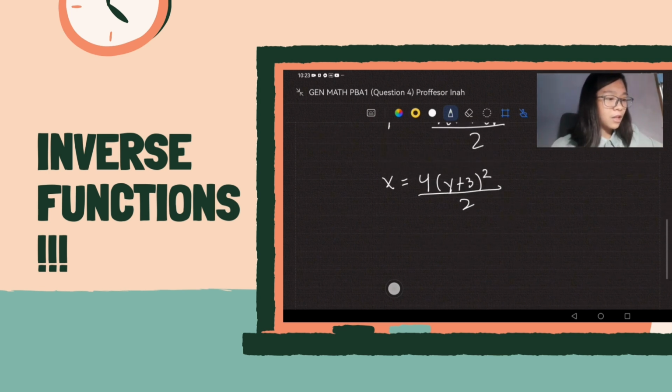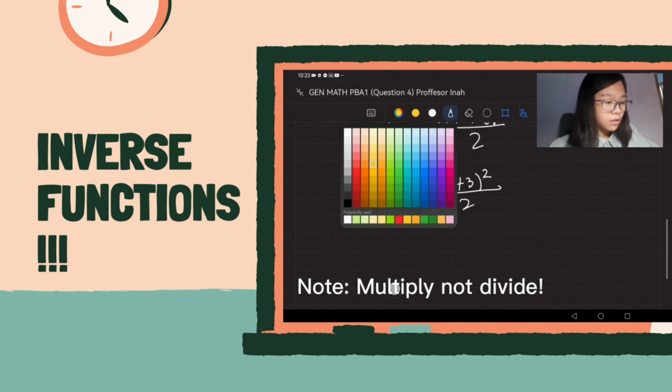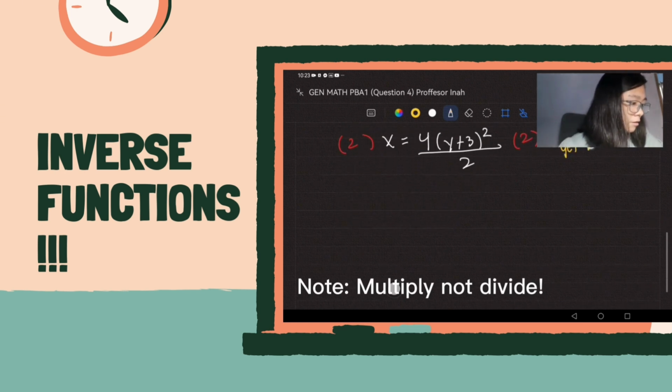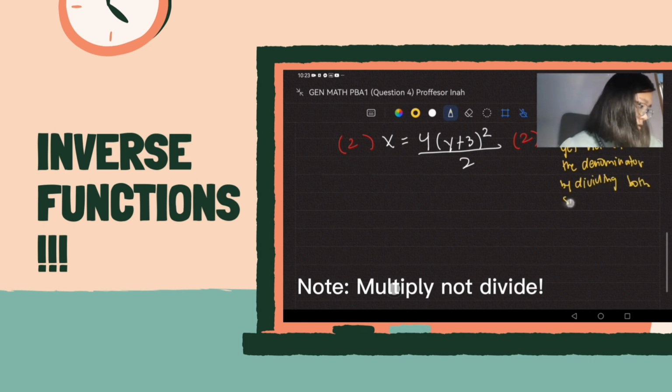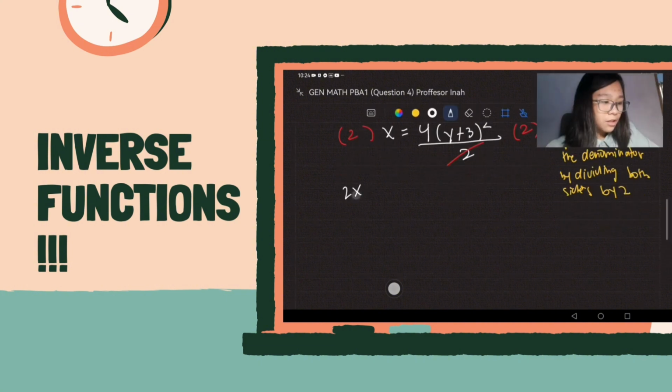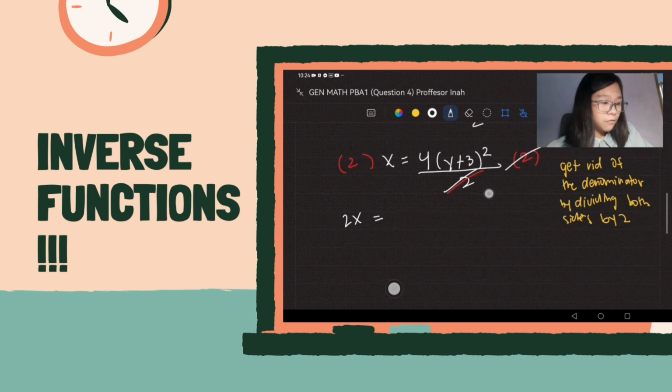Oh, just a note here, we don't divide, but we multiply both sides by 2. This gets cancelled out. So now we have 2x is equal to 4 (y plus 3) squared.